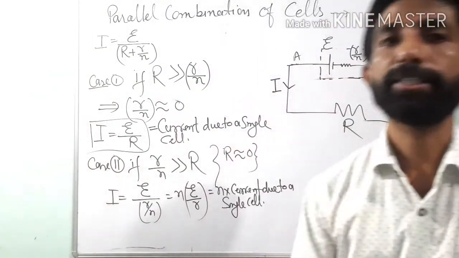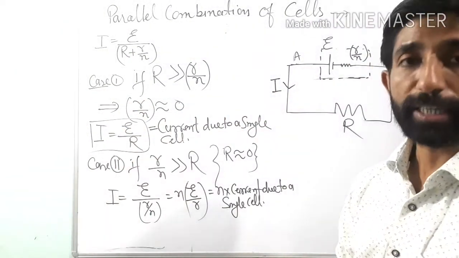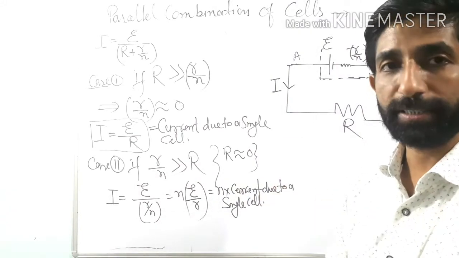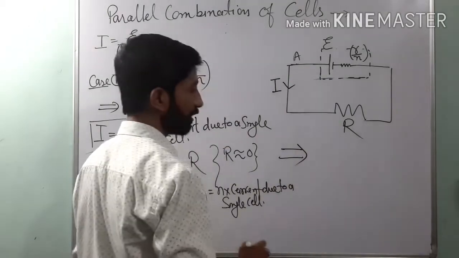So this is the condition in which, if the external resistance is very low, then the parallel combination of cells is going to give you a large current. In other words, this is the final conclusion.